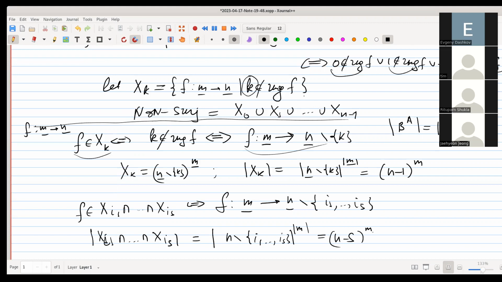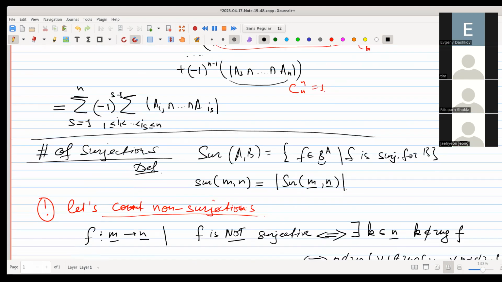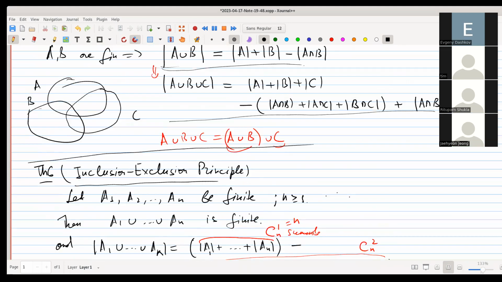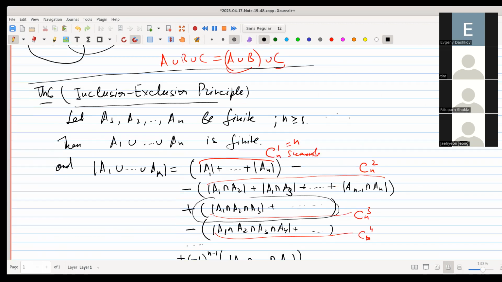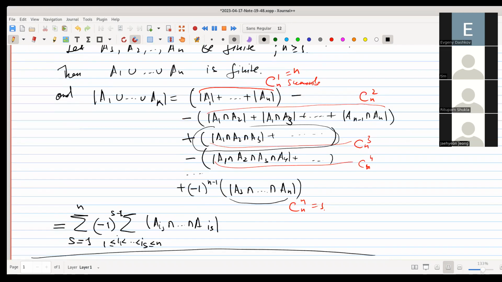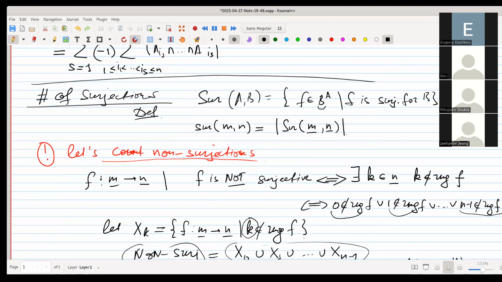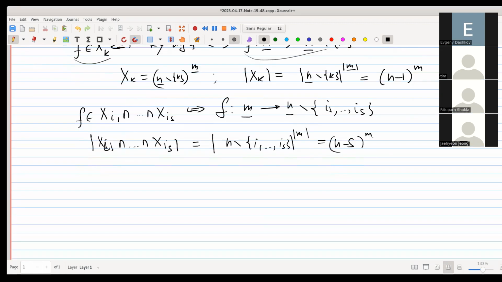That's it. So what is the number of non-surjections? It is the number of elements in this union. So our inclusion-exclusion principle is applicable. Let us apply the principle. The number of non-surjections is the number of elements in this union.